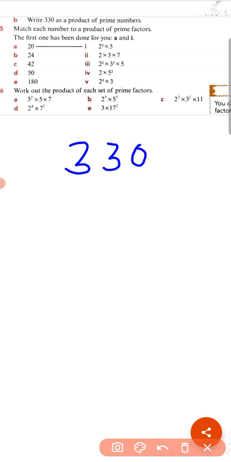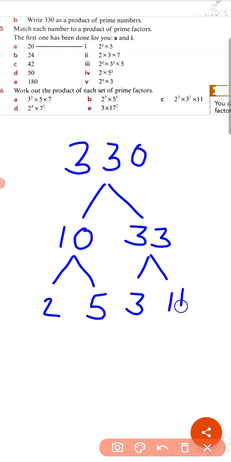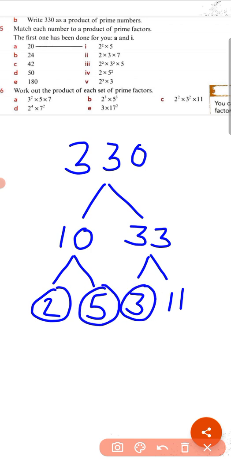You can split 330 like this, children. 10 into 33. Now split this 10 as 2 and 5 and 33 as 3 and 11, because 3 into 11 is 33. Now at the end of each branch there are prime factors.